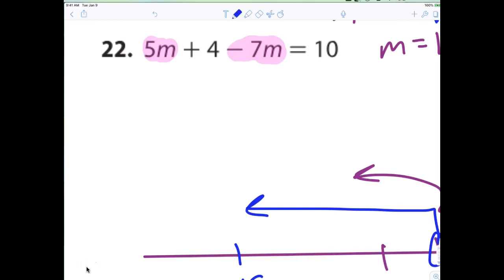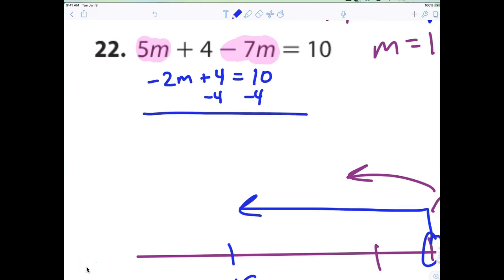All right, I want you to do well, so stay with me today. Okay, now what? Good. Good job. And so M equals. Very good.